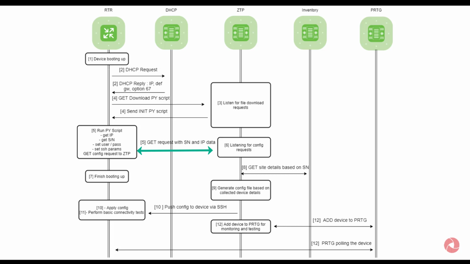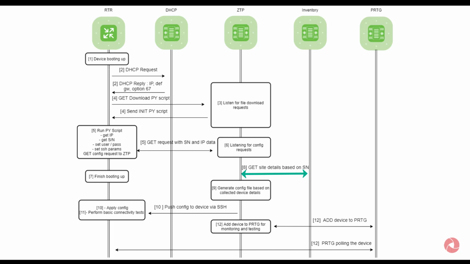ZTP server captures these parameters from config request and sends response back to the router that it can continue with the booting process. After this, ZTP server in the background sends a request to inventory server including the router's serial number.